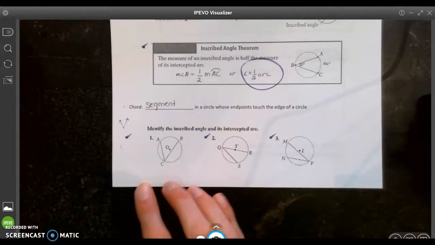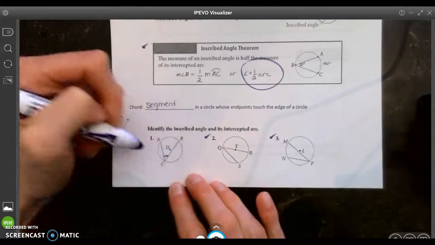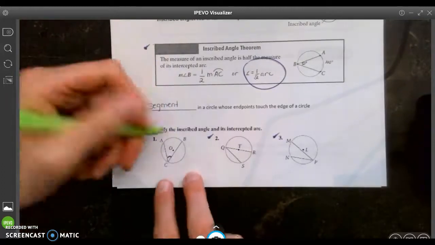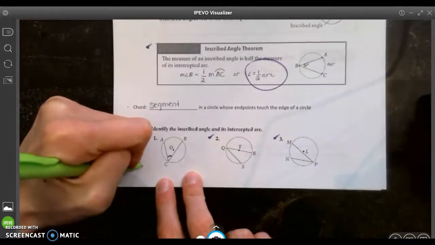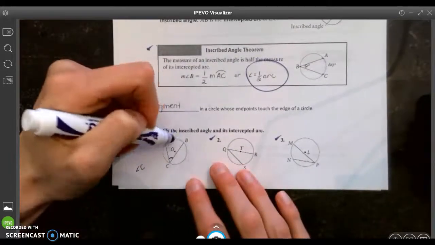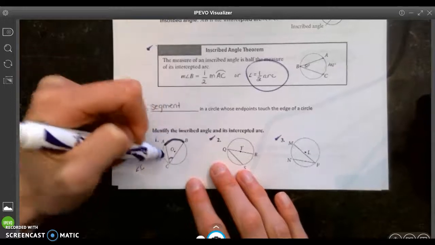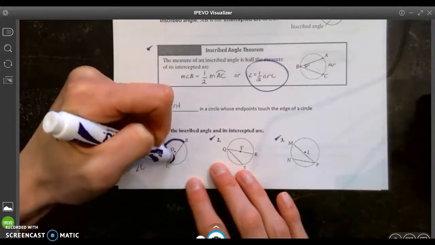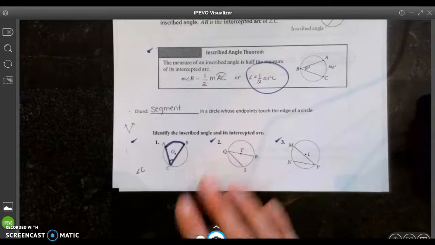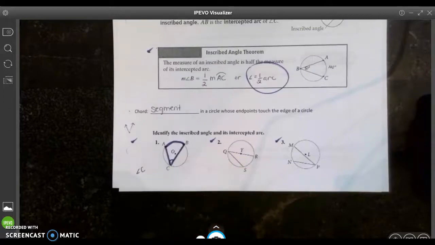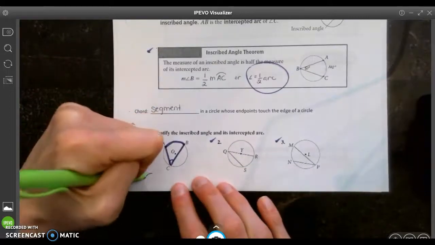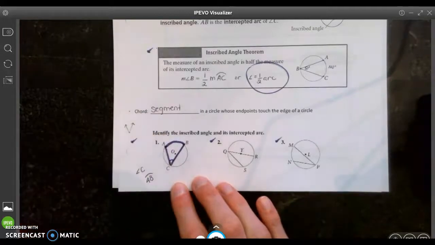That's what we're looking for. So here's my angle. My angle is angle C. The arc that goes with it is just what is part of that angle. So see when we kind of highlight it all, how they all go together? So my arc that goes with it is arc AB.